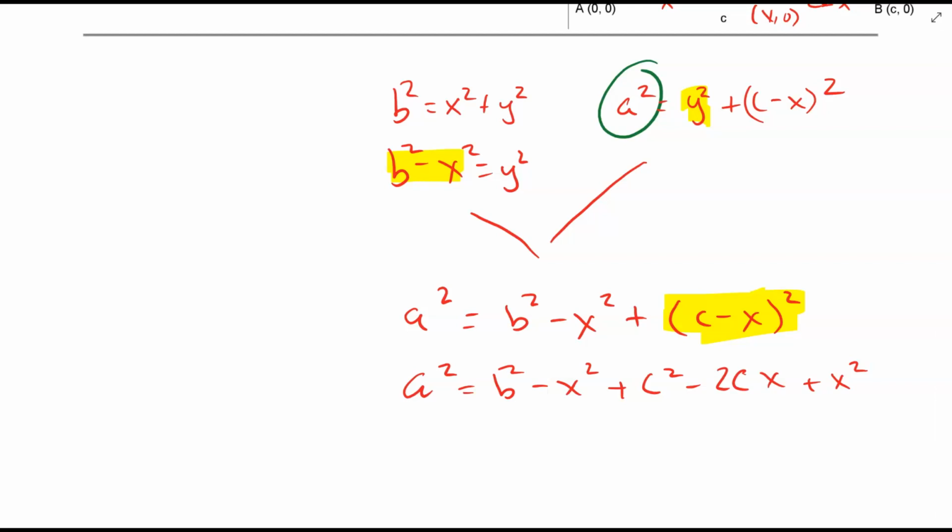Look at what's going to happen here when we combine like terms. The x squareds cancel out. That's pretty nice. Question, Maya? Or are you stretching? Okay, that's fine.